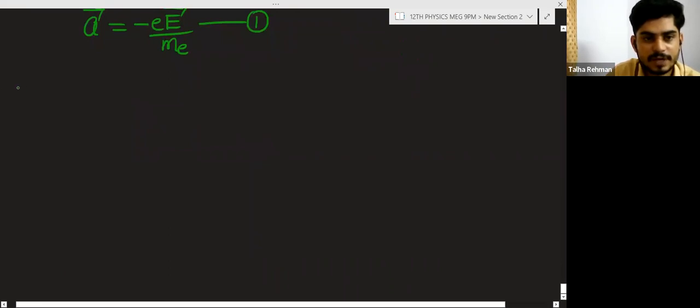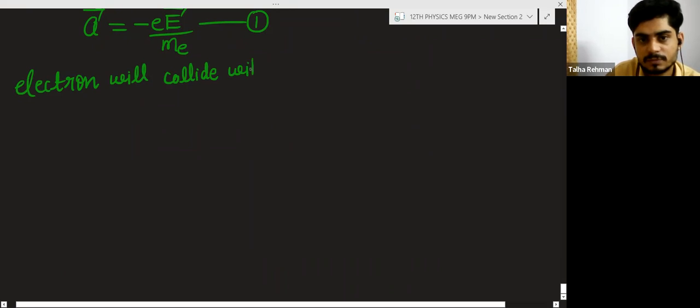So here we can write: electron will collide with ions. This is a positively charged ion.